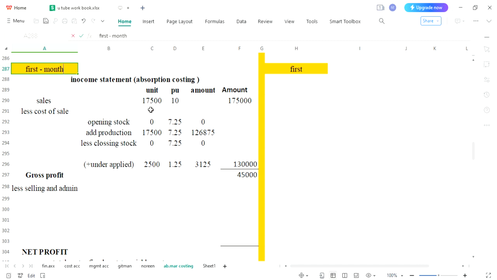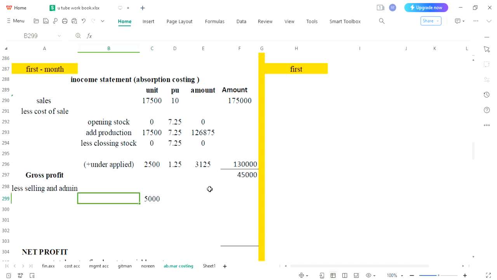So why would we write selling and admin for the whole year? We accept that selling expenses were 60,000 per year, and now you want to know the selling expenses for 1 month. So you will divide it by 12, because there are 12 months in a year. This is your first selling expense for the first month.